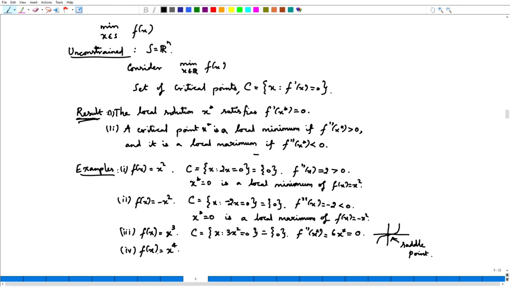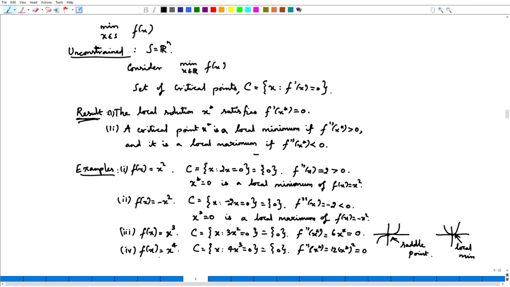If you take f of x equal to x power 4, again the set of critical points is the same, it is just the singleton set 0, and f double dash of x star is 12 x star squared, which is 0. Okay. But if you plot f of x equal to x power 4, you will see that it is of this form, right. So, x equal to 0 is actually a local minimum.